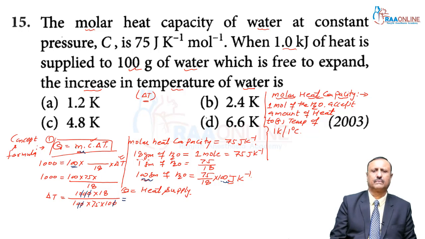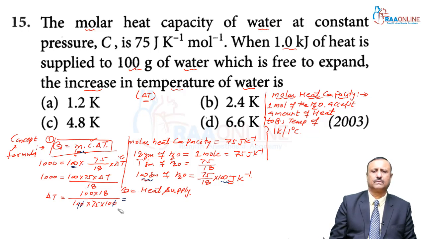So you have 100 into 75 into delta T, and here 1000 into 100.